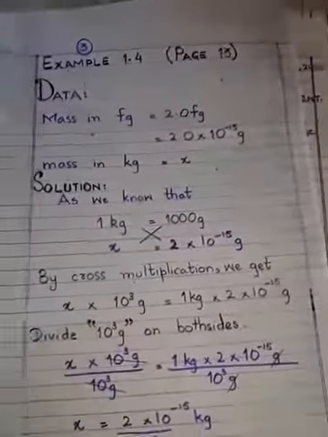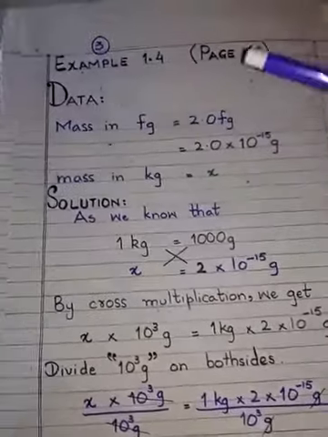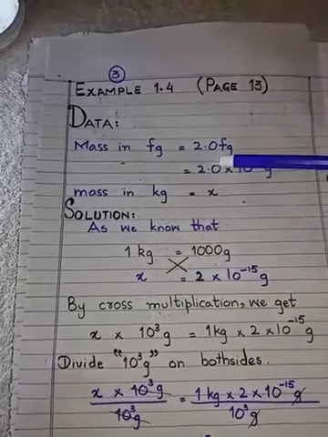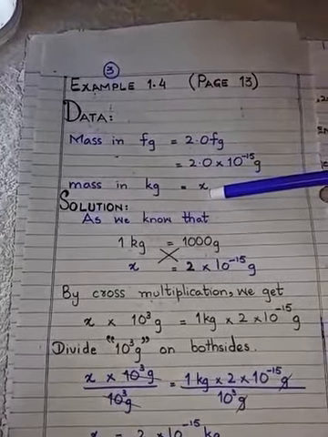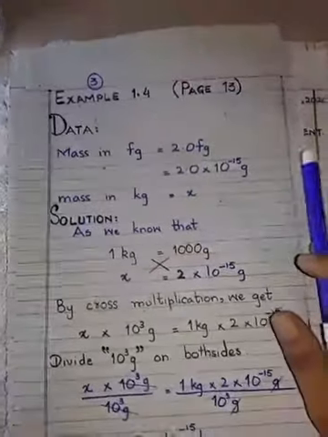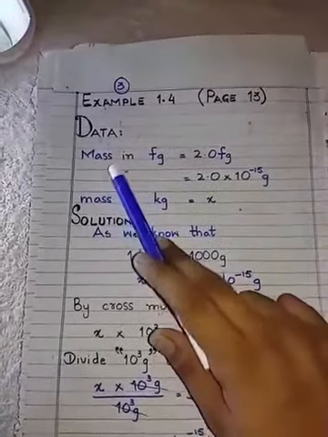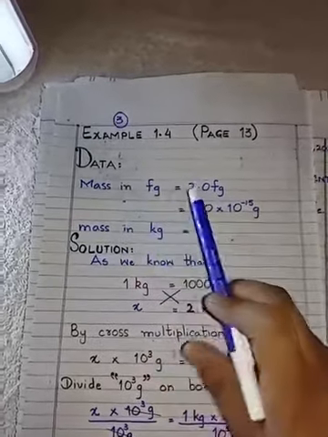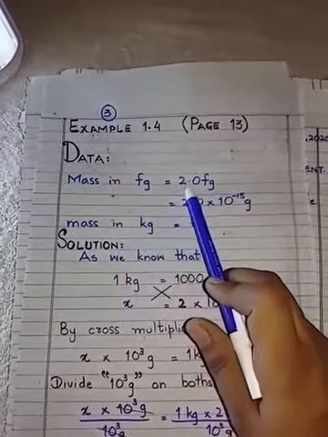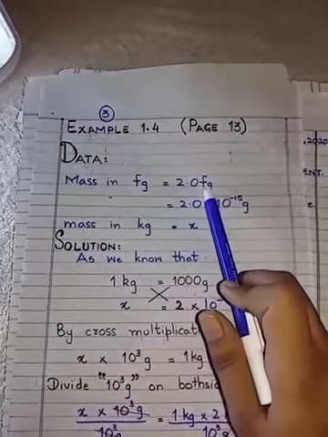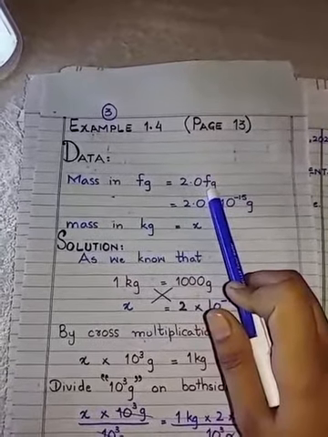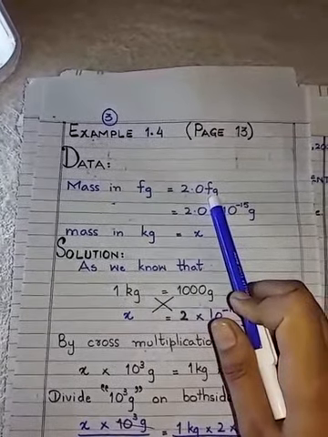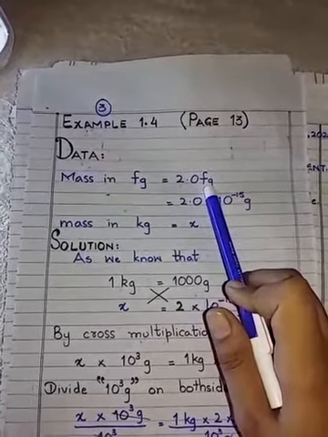Girls, first we will arrange the data. As I told you, in data first we write the given quantity and then we write the unknown quantity. The mass of a typical bacterium in femtogram is equal to 2.0 femtogram. First we eliminate the femto. How can we eliminate this femto?